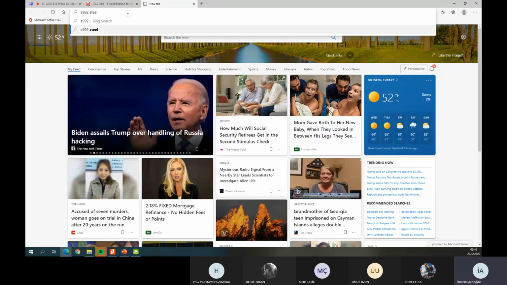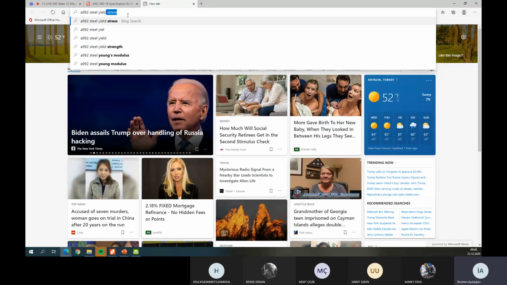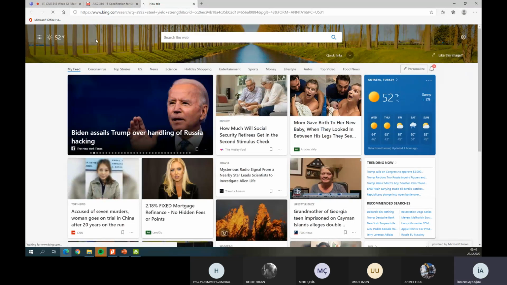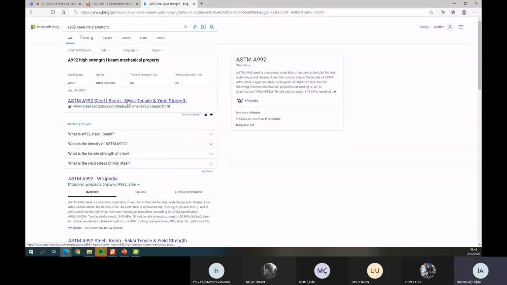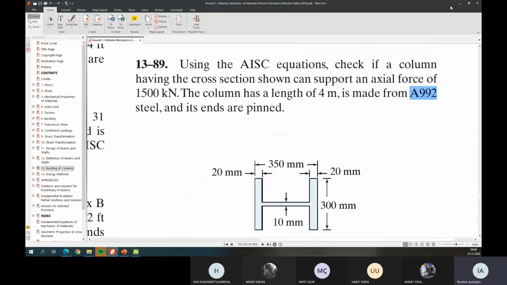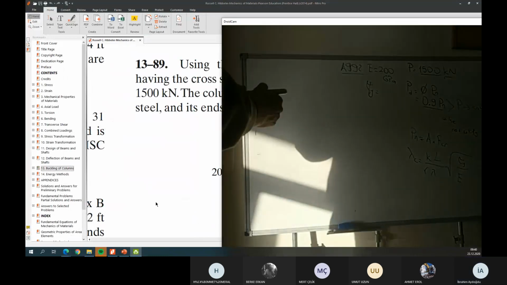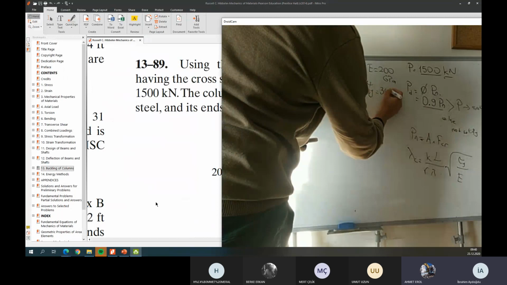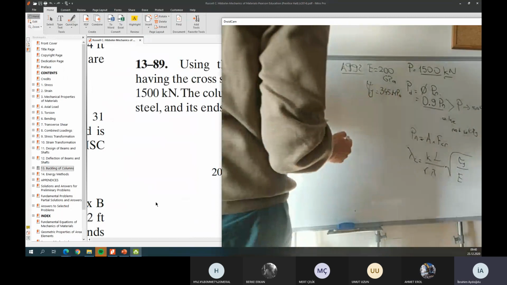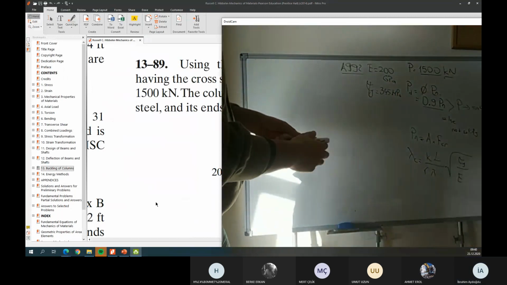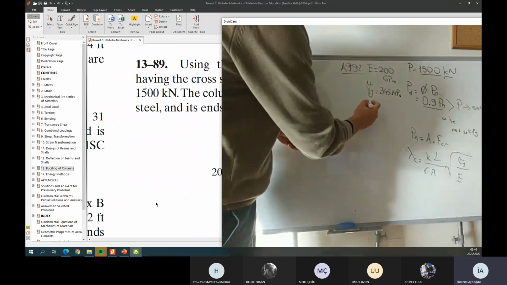A992 steel yield strength, not the psi value. Yes, 345 megapascal. So sigma y is equal to 345 megapascal.